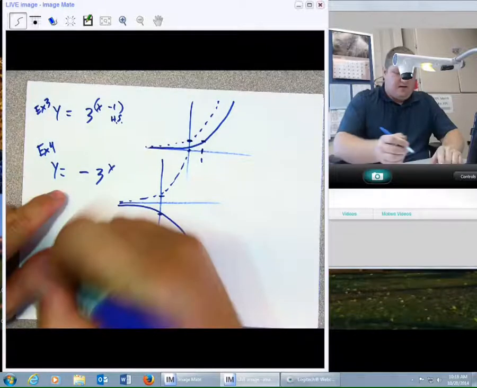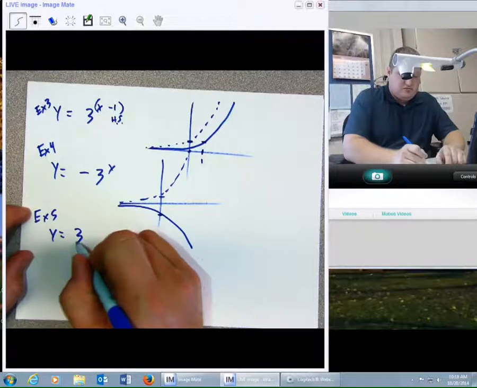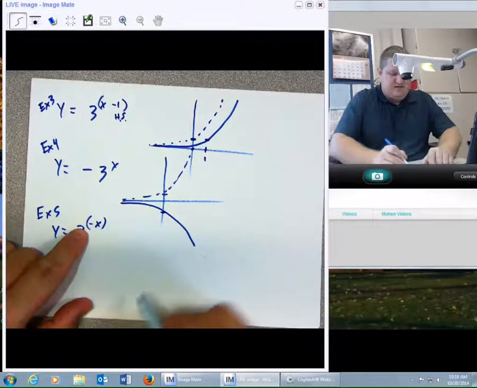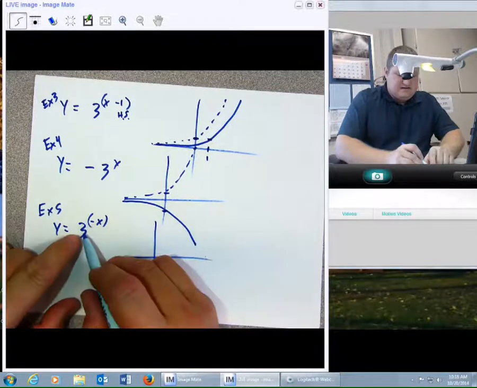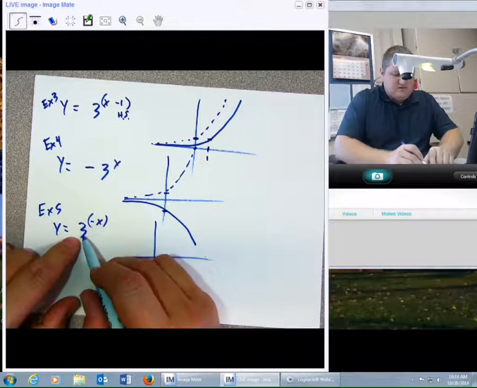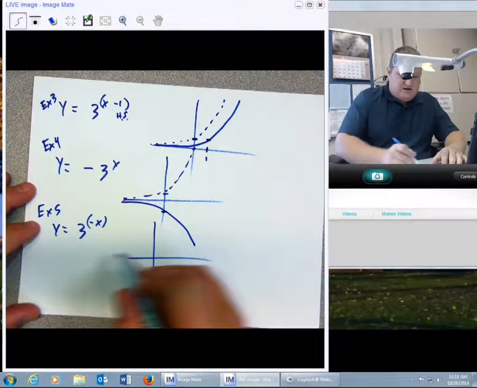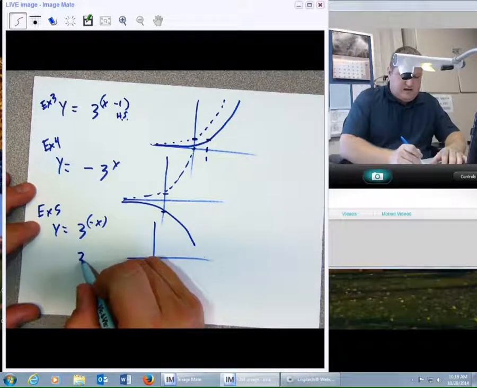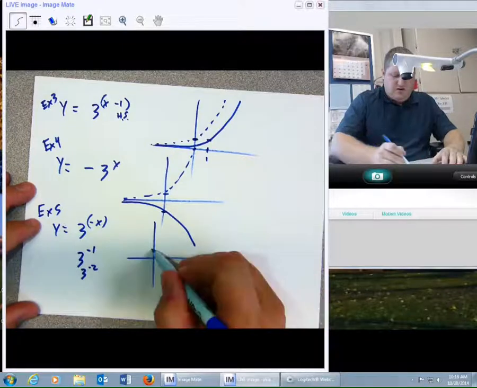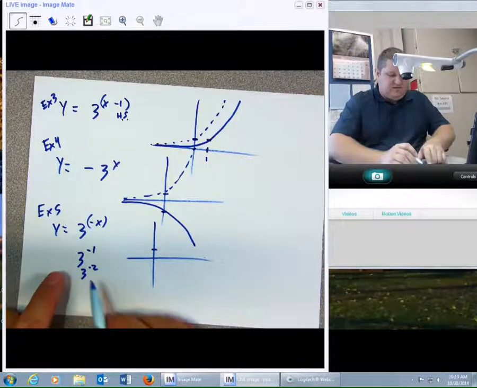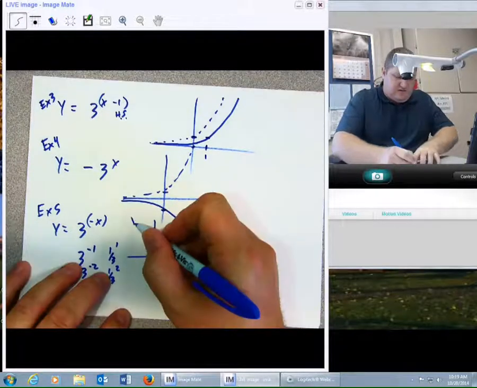By the way, if I were to do example 5, y equals 3 to the negative x, now the negative is in with the x, what it really does is instead of taking 3 to the power, it's really flipping this over every single time. And so it would be like 3 to the negative first, 3 to the negative second. And we'd already seen that in that case, if it's 1/3 to the first, 1/3 to the second, it's going to fall.